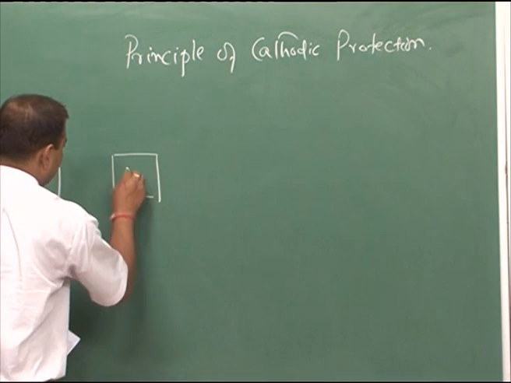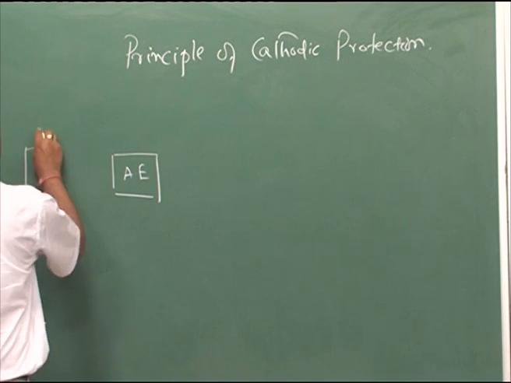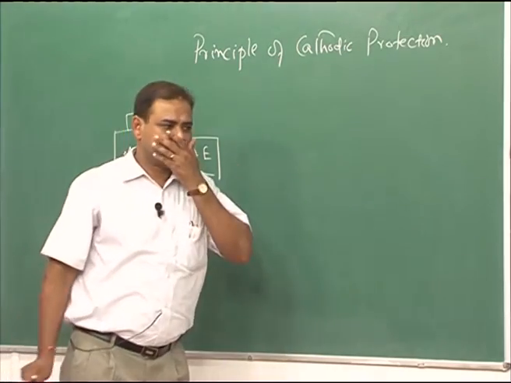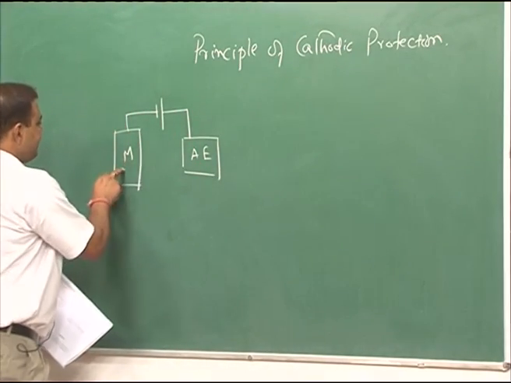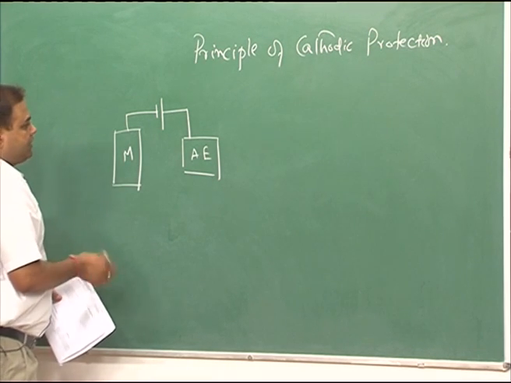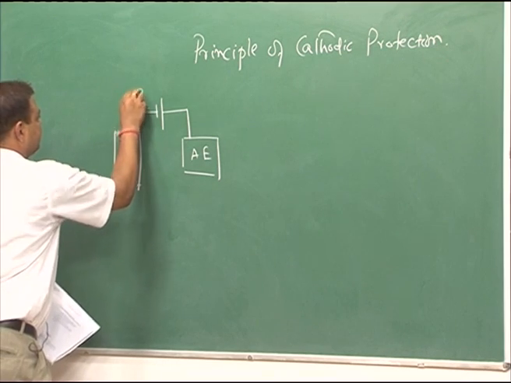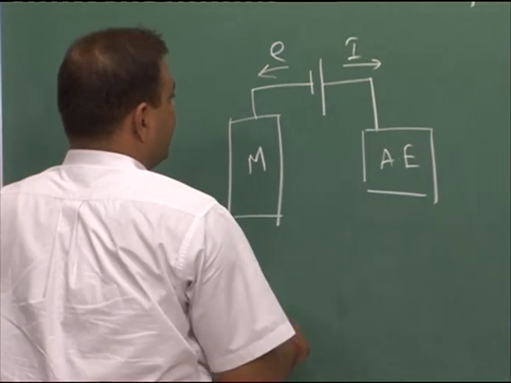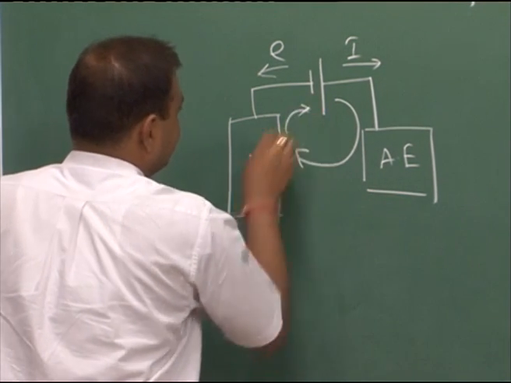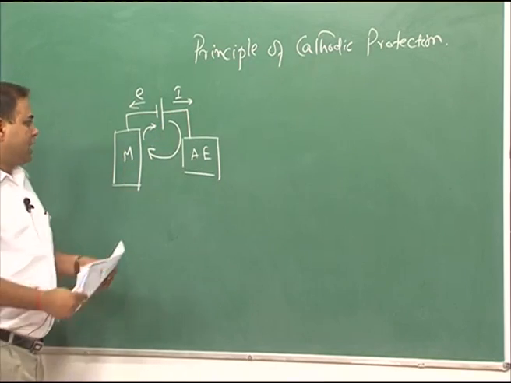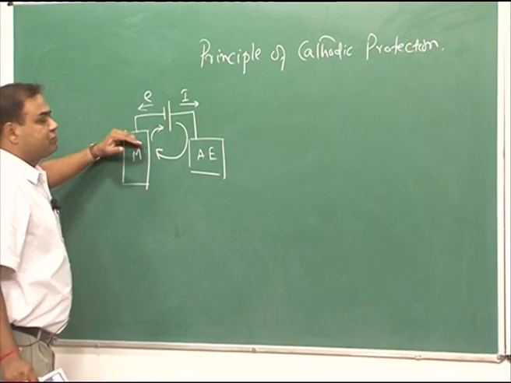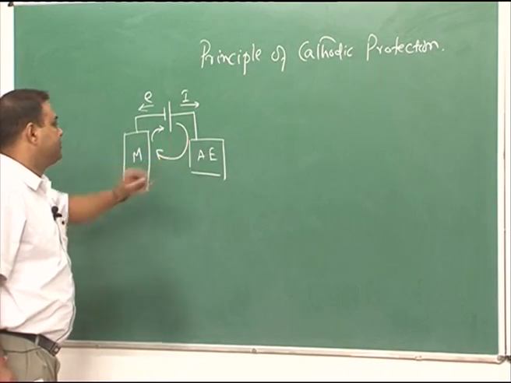We have an auxiliary electrode and we connect it to the cathode terminal of an external source, so that we make the metal object a cathode. Electrons will flow this way and current will flow this way, and the circuit will be completed like this. The current will flow from the positive to the negative terminal, go out of the auxiliary electrode and enter into the metal, when we have cathodic protection.